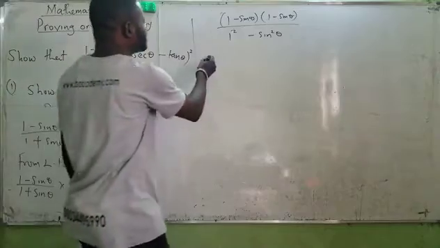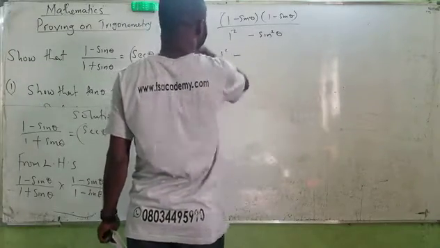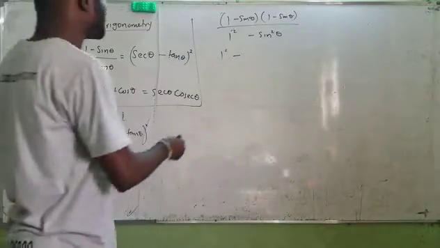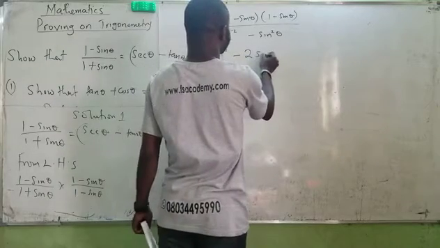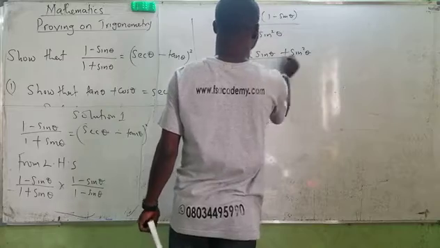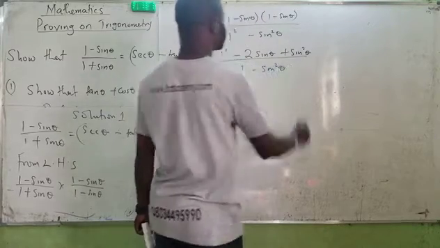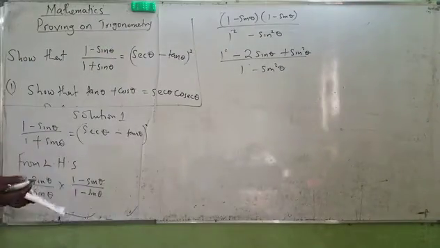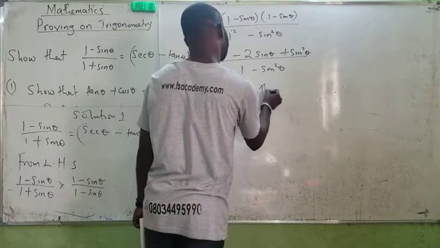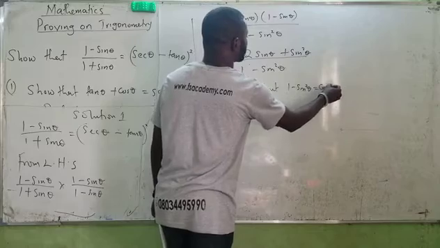Now, let me expand this upper part. I have 1 squared minus 2 sine theta plus sine squared theta, divided by 1 squared minus sine squared theta, which is 1 minus sine squared theta, because 1 is an identity. For me to have this, I can recall that 1 minus sine squared theta equals cos squared theta.